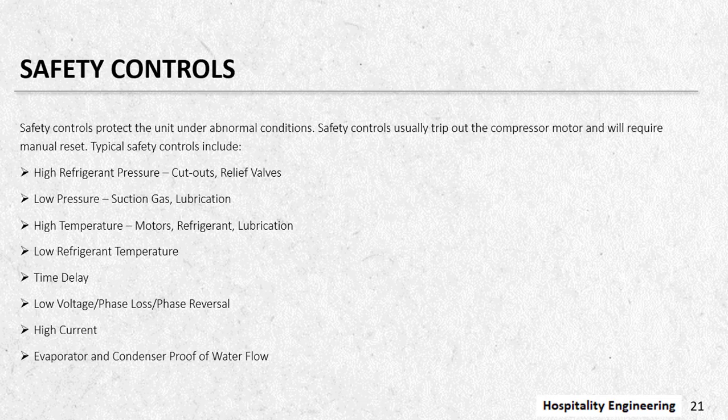Typical safety controls include high refrigerant pressure cutout, relief valves, low pressure suction gas, lubrication, high temperature, motor, refrigerant, lubrications, low refrigerant temperature, time delay, low voltage, phase loss, phase reversal, high current, evaporator and condenser proof of water flow.